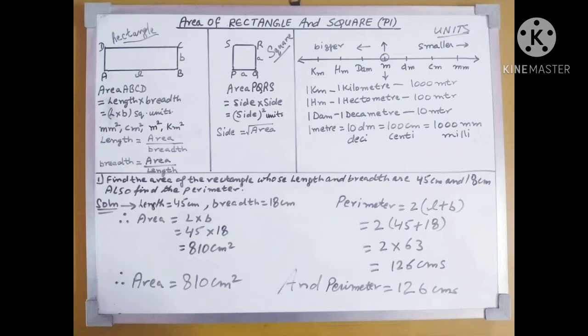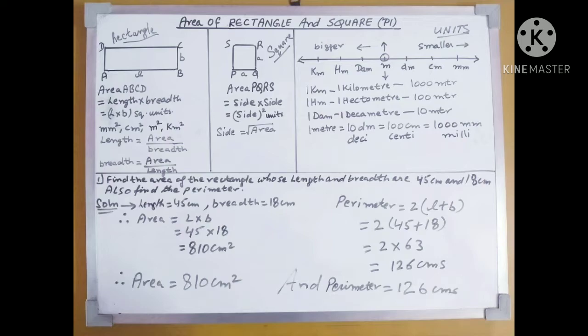Now try to understand this unit system very carefully. It is a very easy system. We take the reference as meter, right? Meter is a standard unit. So we will have some units which will be smaller than meter and some units which will be bigger than meter, right? So smaller than meter are decimeter, centimeter and millimeter.